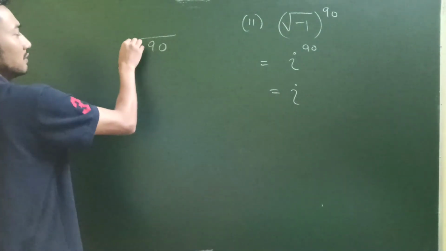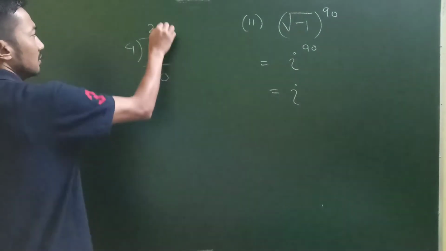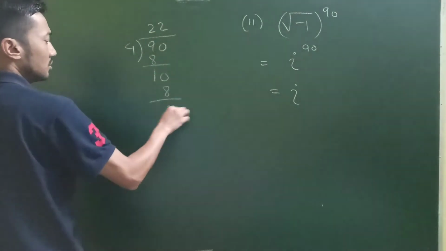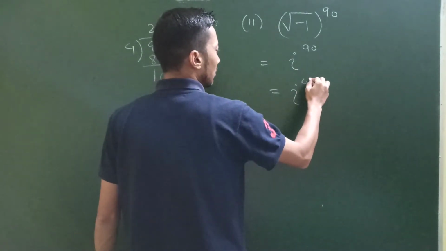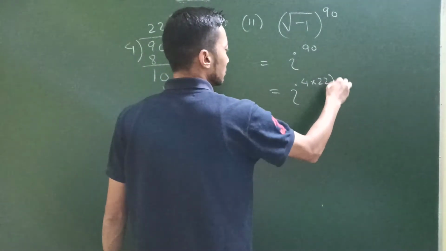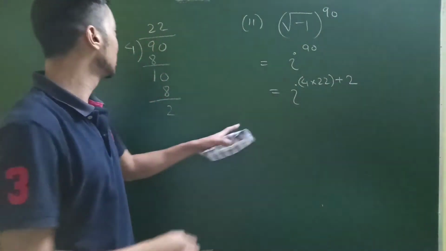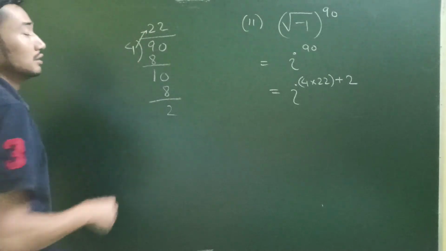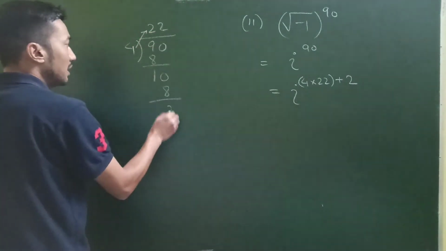We can always divide by 4. 4 2s are 8, 1 left, 10. 4 2s are 8, so 2 is the remainder. So that means I can write 4 into 22 plus 2, isn't it? Because 4 into 22, right? The division algorithm: dividend is equal to divisor into quotient plus remainder, equal to what?